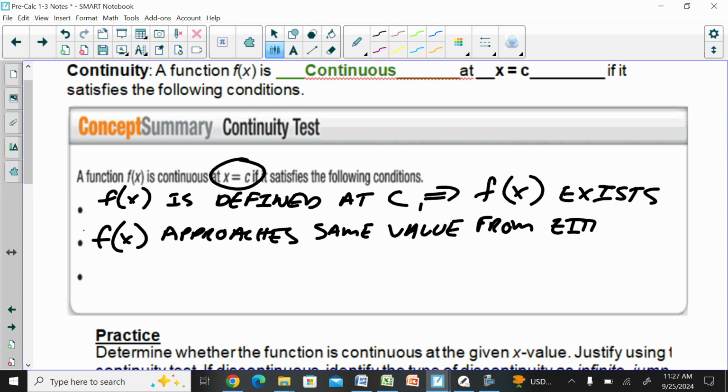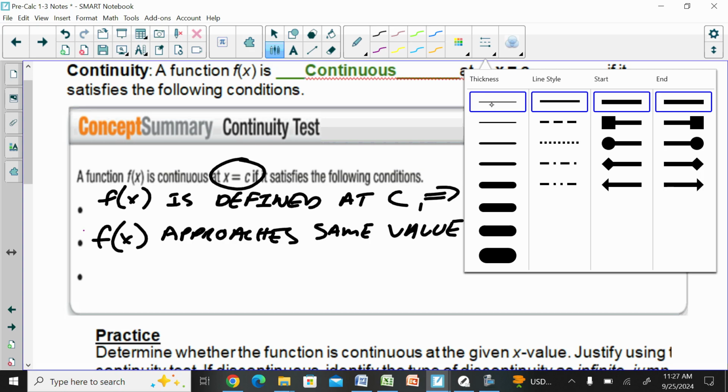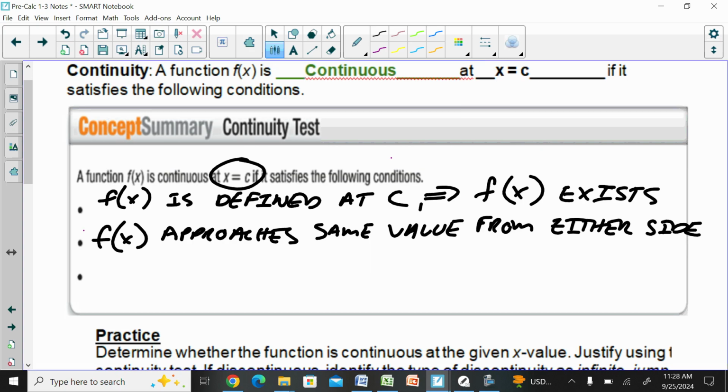It approaches the same value from either side, meaning from the right or the left, which basically means that your limit exists. So the limit of f of x as x approaches c exists.